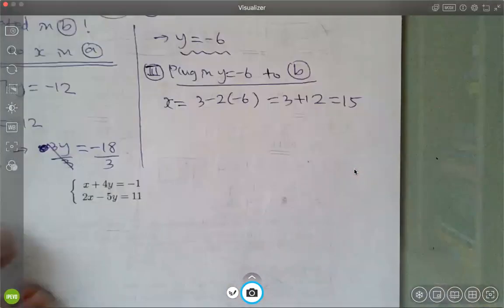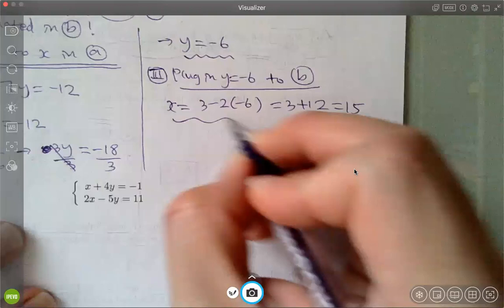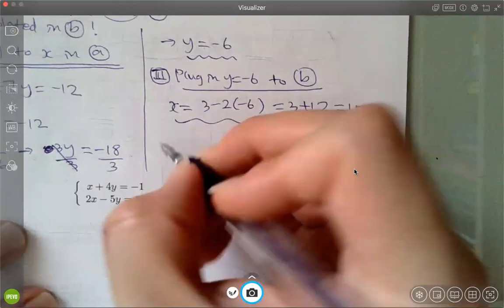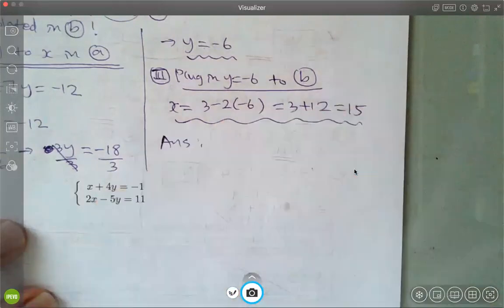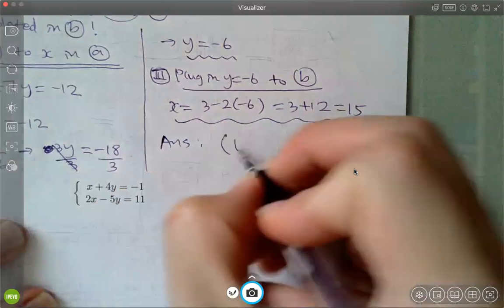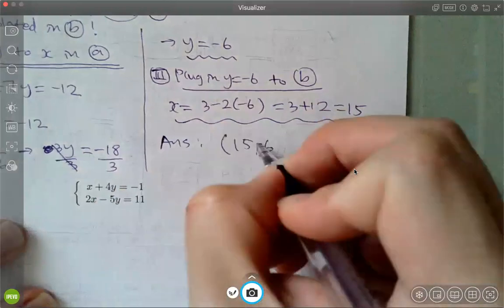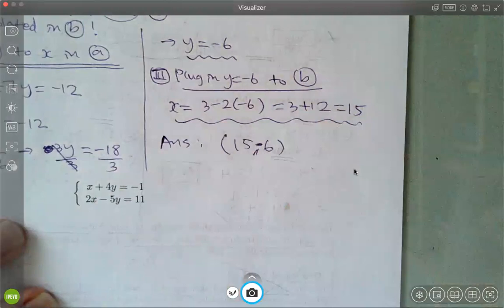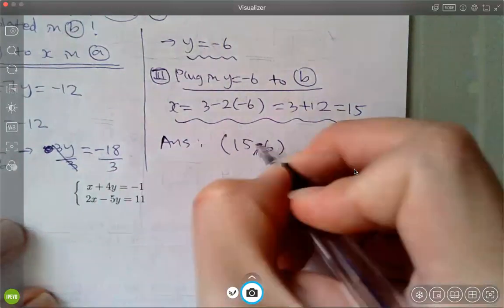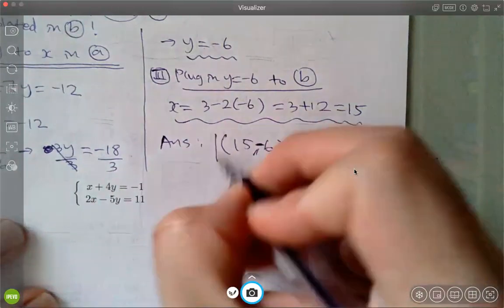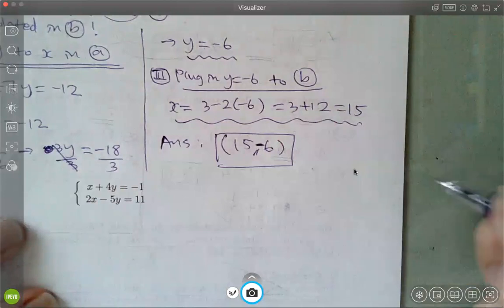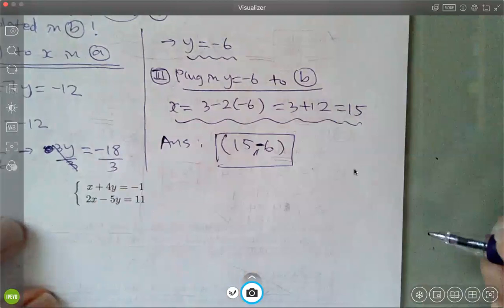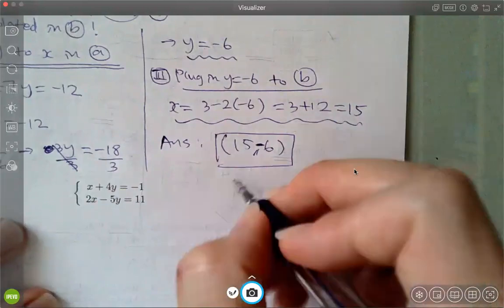So how should we write our answer? The answer is the ordered pair 15 comma negative 6, and that's negative. You must write your answer like this. The common mistake that people make on the homework and the exams is writing 15 comma negative 6.